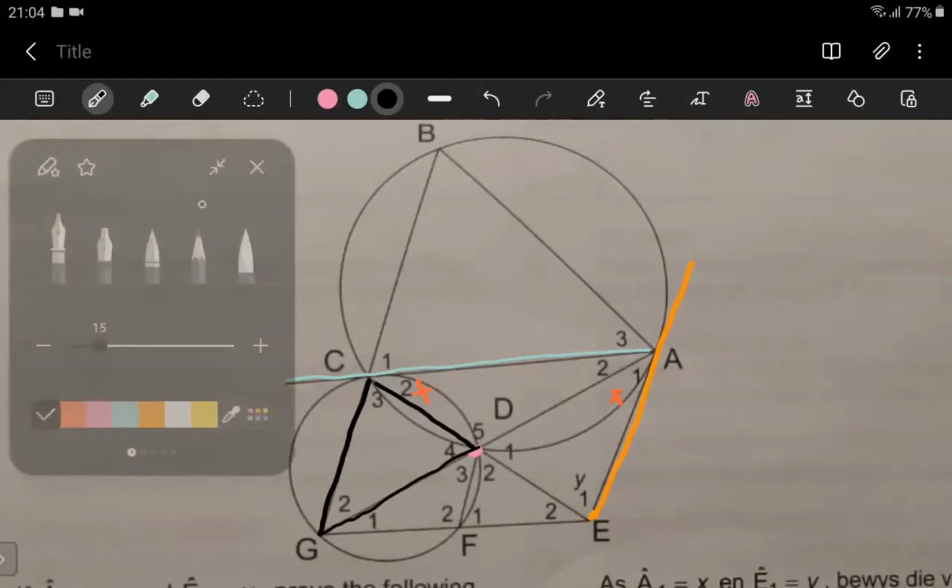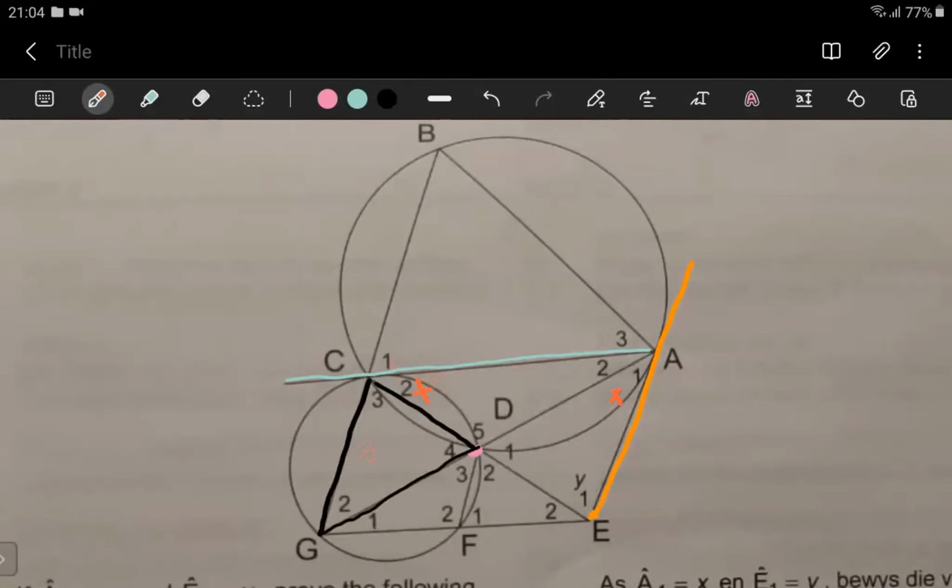So the angle X over there is also equal to this X over here. This is X, this is also going to be equal to X because of the tan chord theorem, because there's an angle between the tangent and the chord. Now, when you look at this chord, this chord is opposite this angle. So here you go. Do you see?